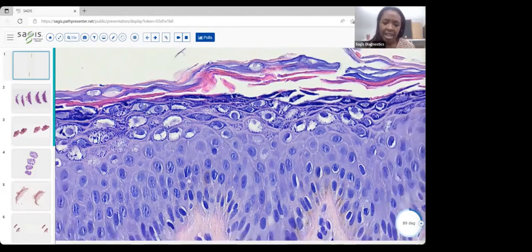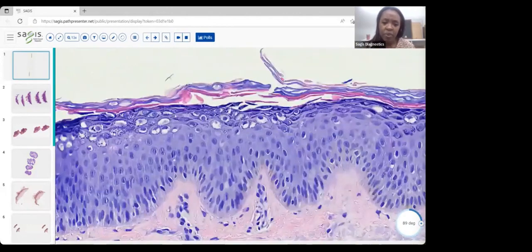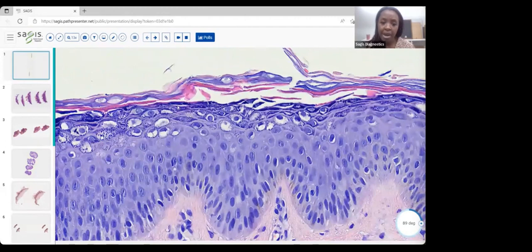In the granular layer, we expect to see keratohyalin granules clumped together. We do appreciate that, but there seem to be cells that have many more of them. They're very robust and increased.